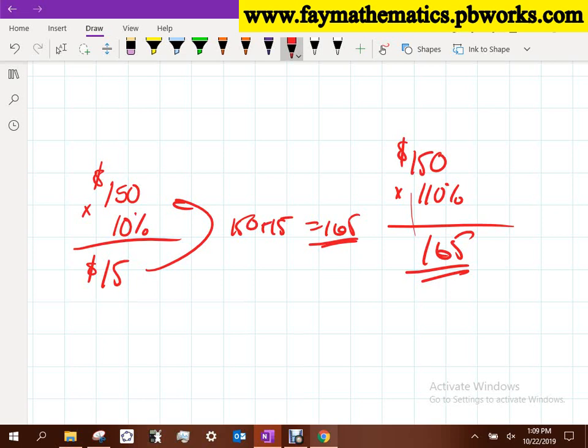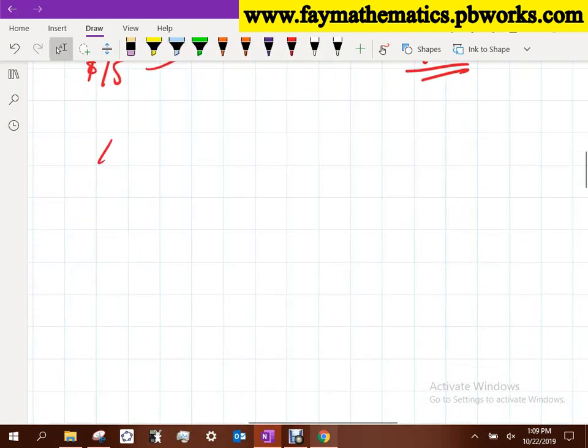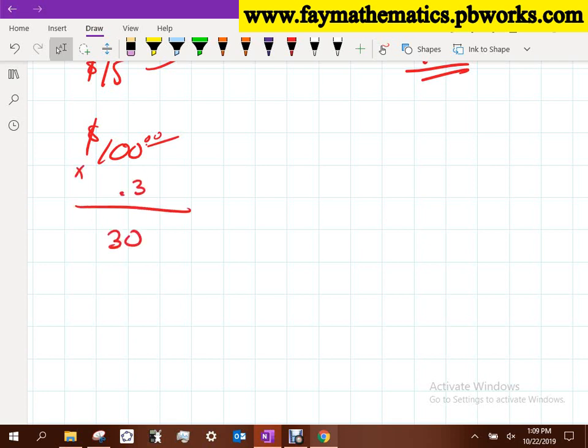We talked about it yesterday: if I've got a $100 pair of shoes, and I'm going to have a 30% discount, so I multiply it by 0.3. That's going to give me $30, right? And I want to know how much I pay for my shoes. Well, now I've got to take 100 minus 30, and I'm going to pay $70 for my shoes, right?